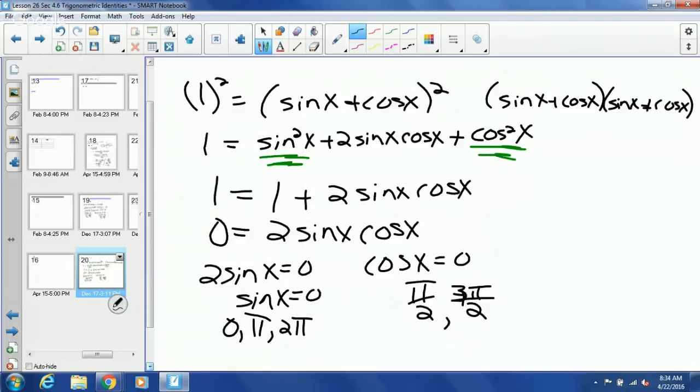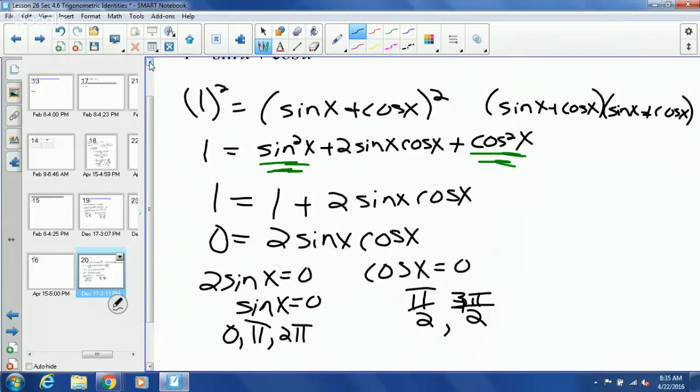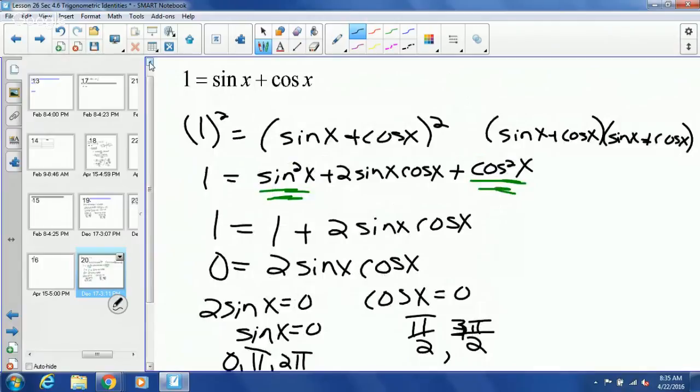Now, same thing. You need to go back to the original, okay? And back it up. Once you go back to this one, equals sine x plus cosine of x, I want you to try each one of these and tell me if they work or not. So you go back to the original.